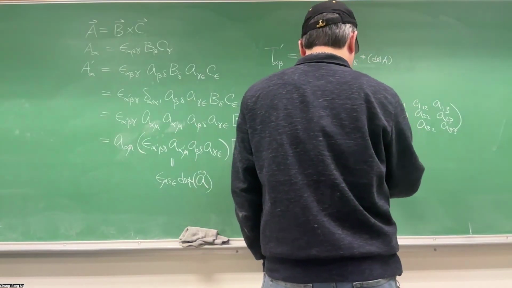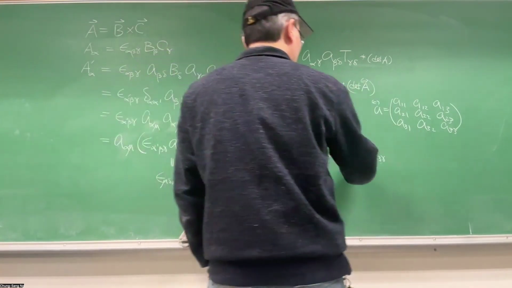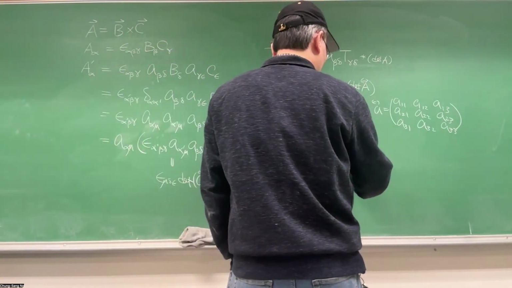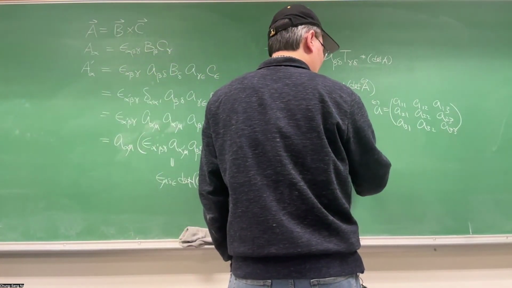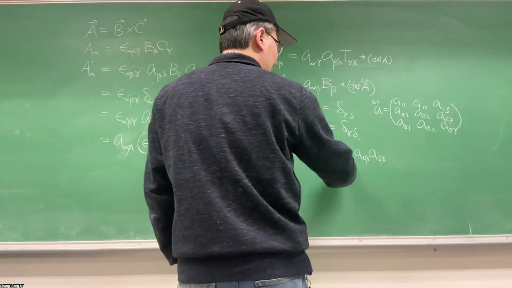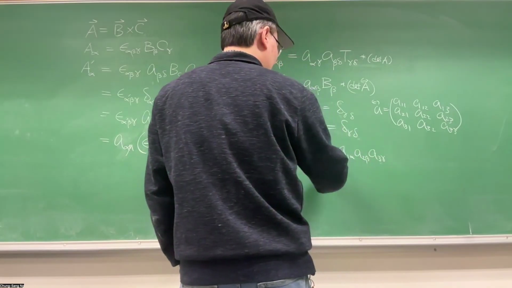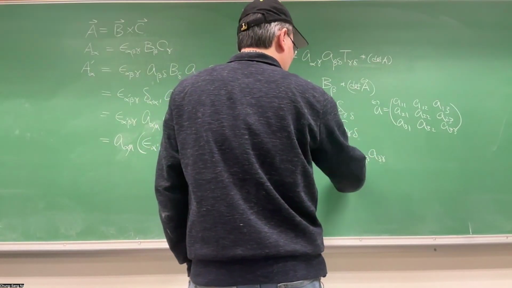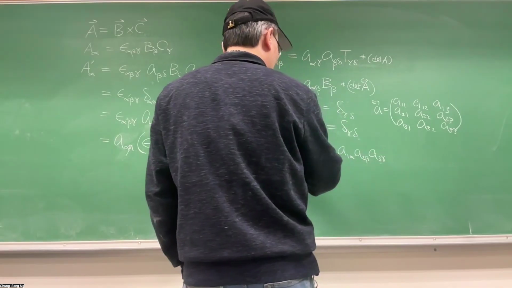If the first one is of the right order, use 1, 2, 3, or 3, 1, 2, or 2, 3, 1, that is still the same. As long as you are choosing the proper rotation, that will give you the determinant.